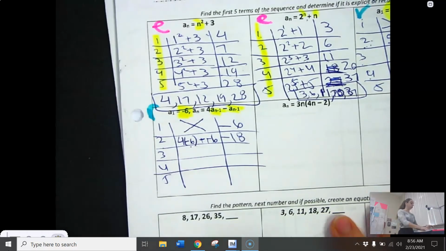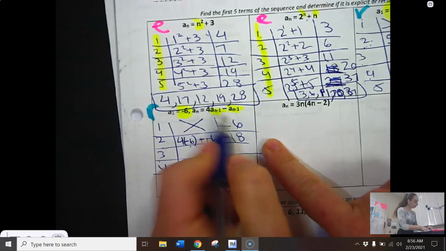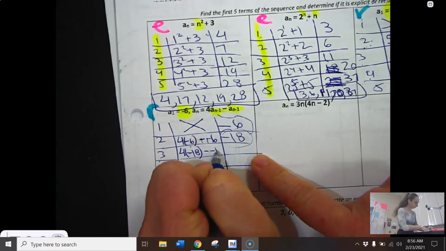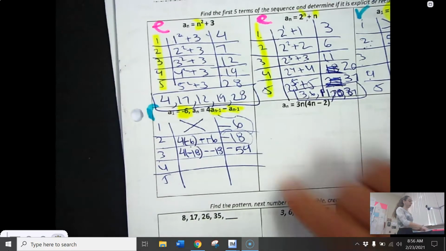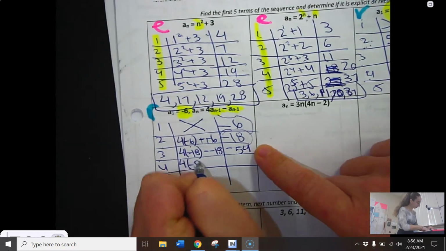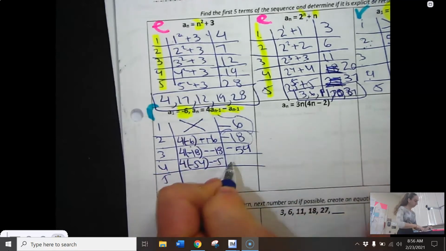You want the third one? Then you go to the second one, and every time you see an a sub n minus 1, you plug that in. You want the fourth one? You take the third one and plug it in. And hopefully I'm doing this math right.